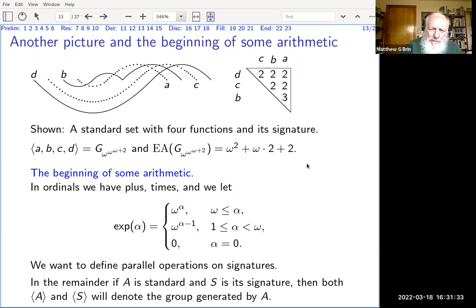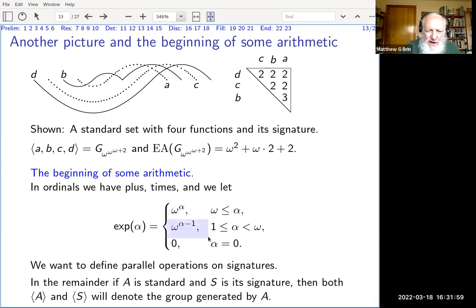And in order to explain how this thing arose in our system, we have to start doing some arithmetic that mimics the arithmetic of the ordinals. As I said, because weird things happen at the bottom, we are redefining EXP. It's omega to the alpha for an infinite alpha.